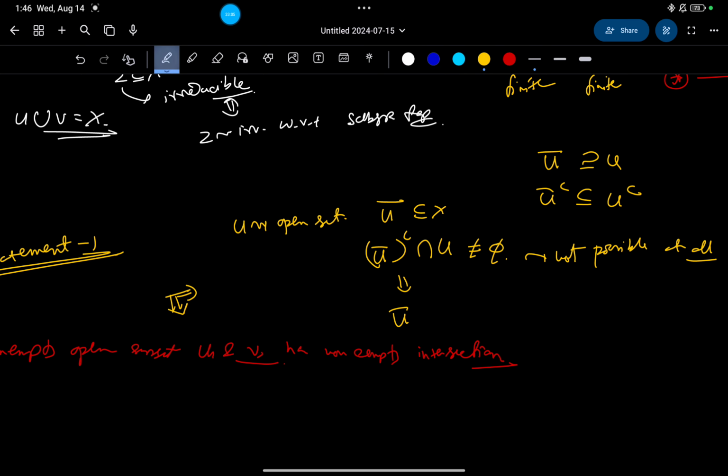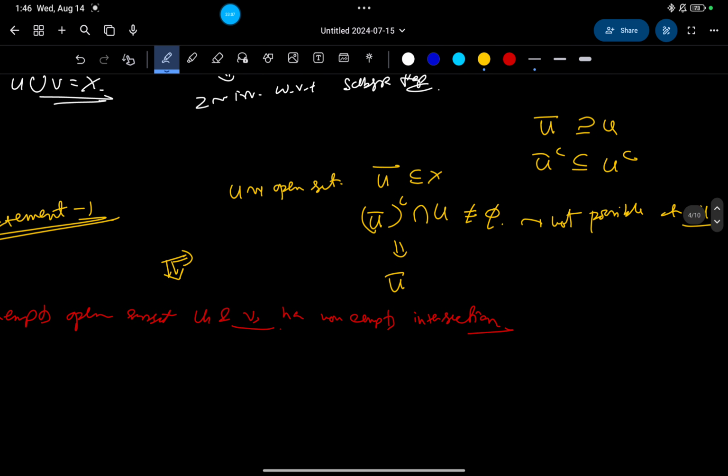So U closure has to be exactly X, which means U has to be dense. Any proper open subset of X has to be dense in X.